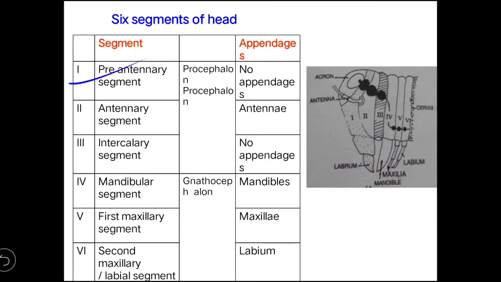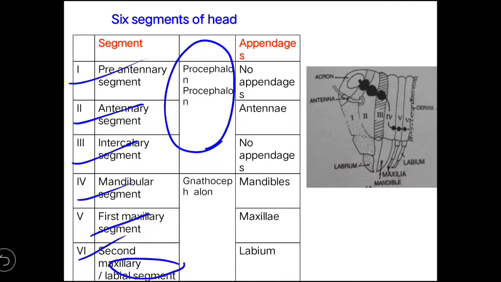One is pre-antennary segment, second one is antennary segment, third one is intercalary segment. These 3 segments will come under the procephalon group. Next, the mandibular segment, first maxillary, and the second maxillary, which is also known as labial segment. These 3 segments will come under the group gnathocephalon.